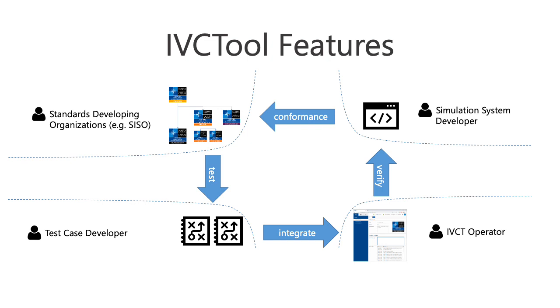About the features, this is more the high-level overview of the features of the framework. Starting from the top left side, the organizations defining these kinds of interoperability requirements are, in our understanding, the standards developing organizations, for example SISO is a good example for that.